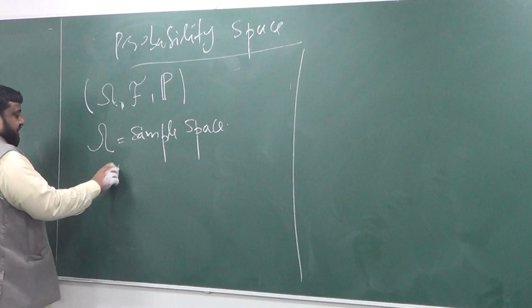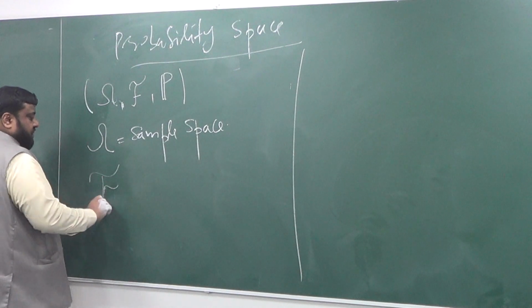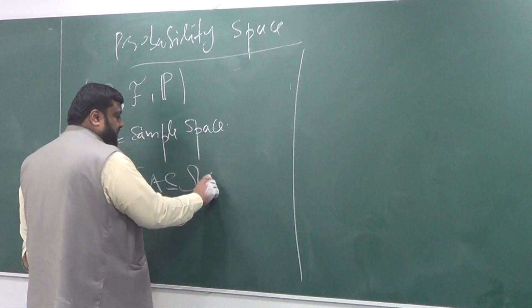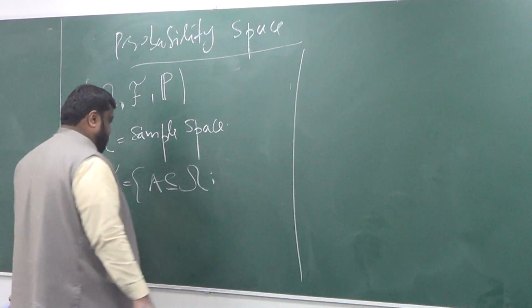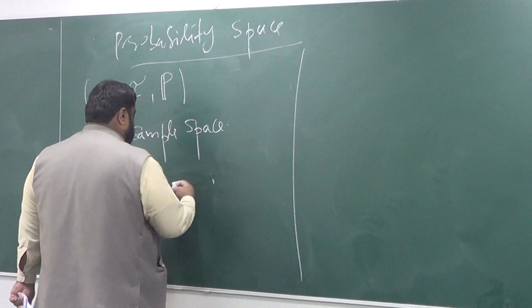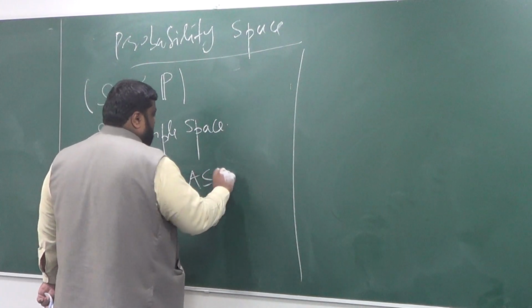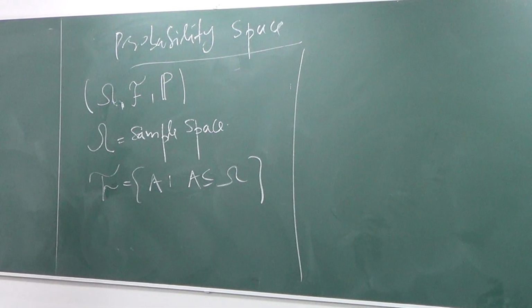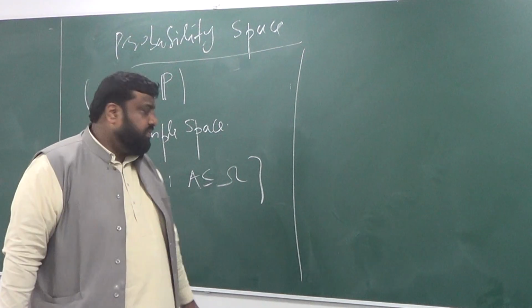So what is F? F is a collection of subsets of omega, which we call events. So it's a collection of A's such that the A's are subsets of omega. The power set is one example of F, but it's not necessarily the power set. It could be some part of it.